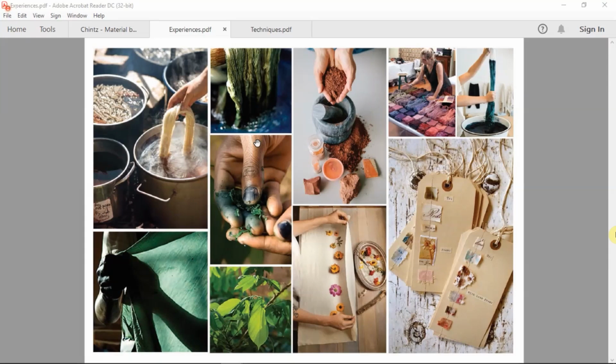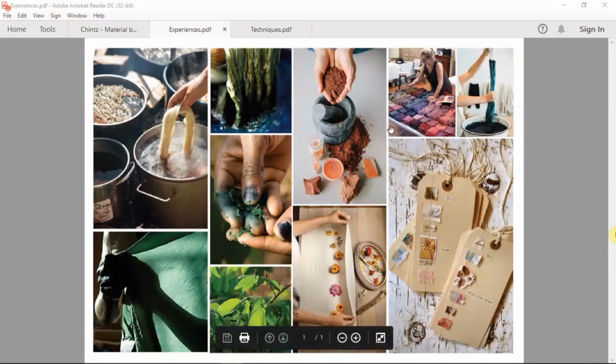So you feel it, right? With this mood board, you feel it. It is about coloration. It is about the process of doing by yourself, coloring by yourself. This picture shows the experience you get with the fabrics.